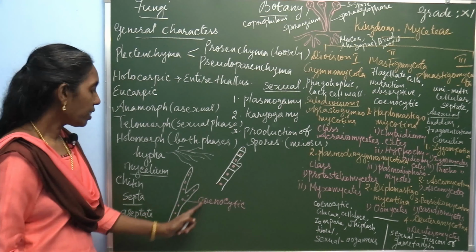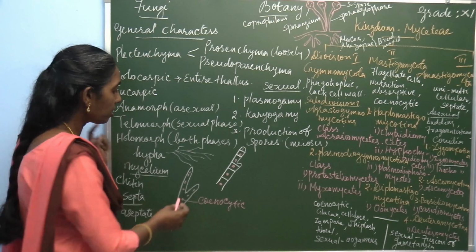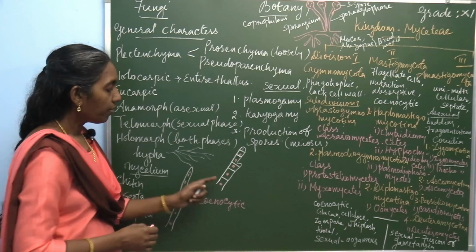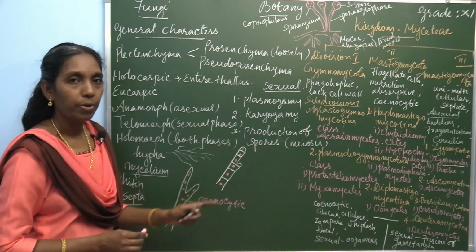If the mycelium is aseptate, the condition is cenocytic, that is multinucleate; the nuclei are many. If it is septate, each hypha is divided into compartments.